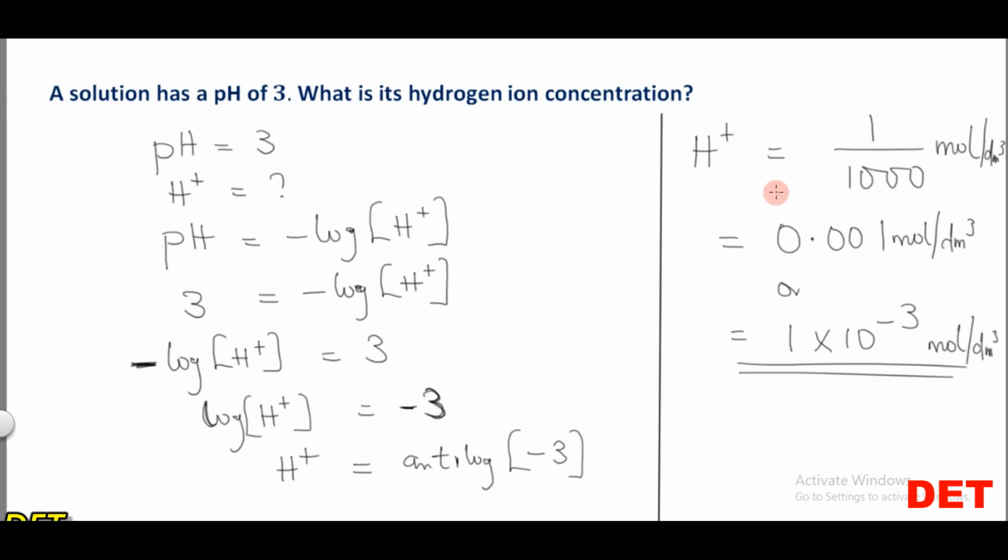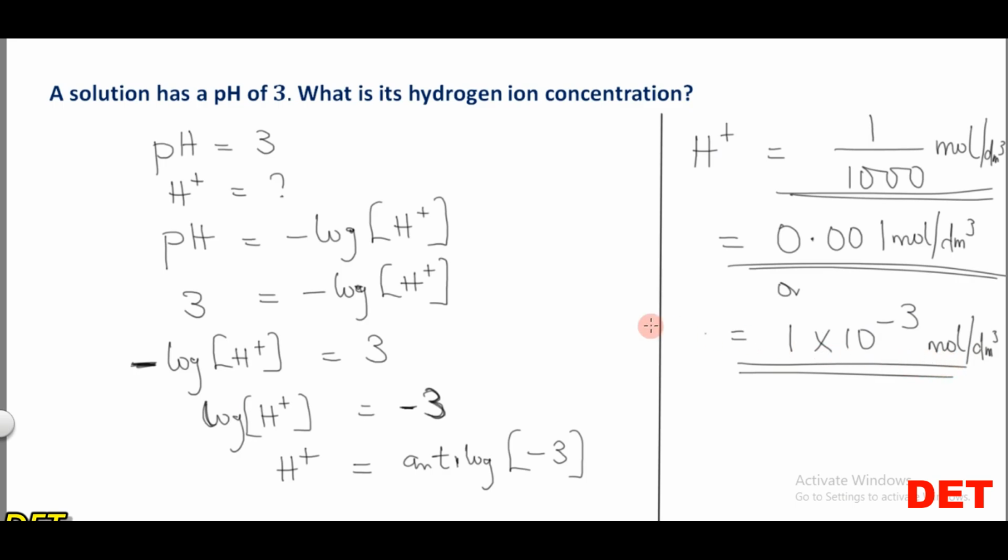You can decide to leave your answer like this, or like this, or also like this. So the hydrogen ion concentration of this solution is 1 times 10 raised to the power of minus 3 mole per dm cube. It's a very simple and straightforward question.